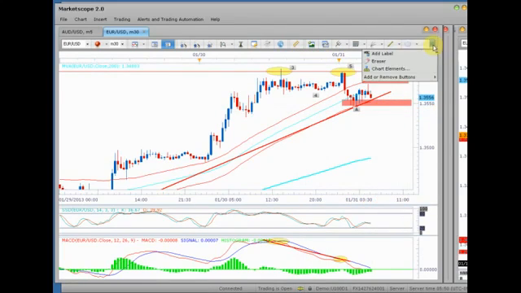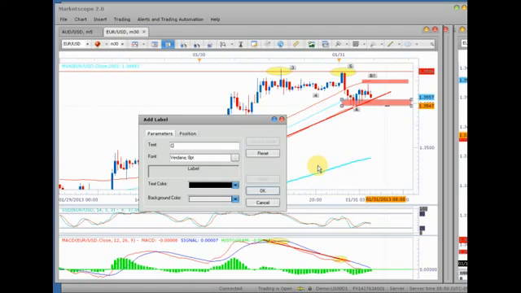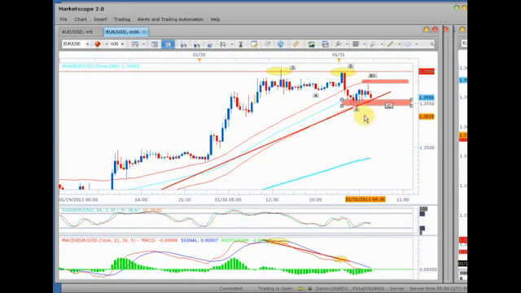I'm looking for a C leg either to be equal, to form a double bottom here, which does me no good if I want to get short. Because yeah, I'll get a trend line break, I'll get what they call a flat correction, and then this thing rockets back up to like 138. And that's not what I want. I'll show you. I'm going to pop that in there too.